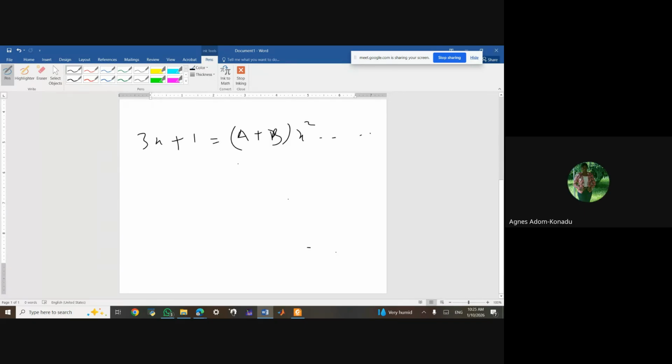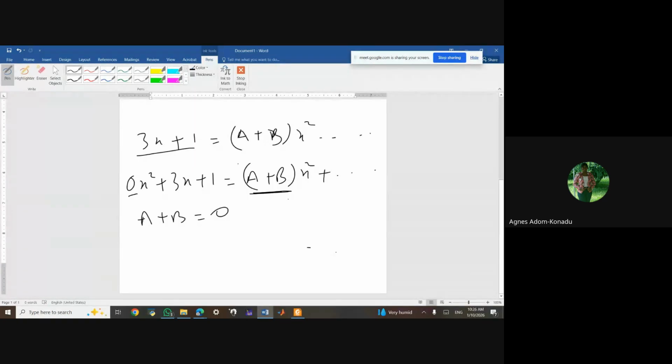So when I compare this one, I can write it as 0x squared plus 3x plus 1 is equal to a plus b x squared, then plus the rest. So when I compare, I can say that a plus b is equal to 0. But I already know the value of a.